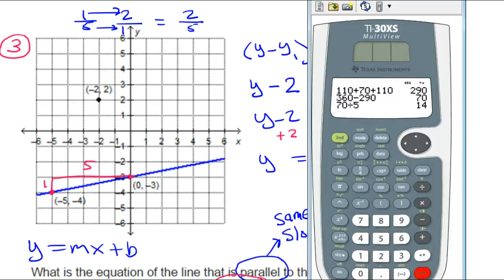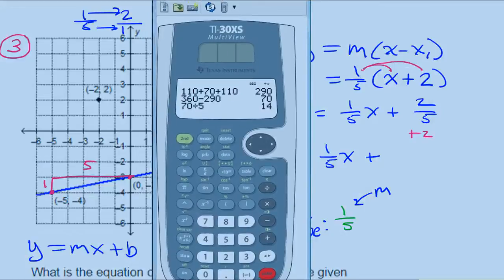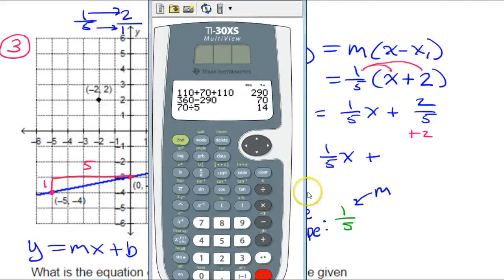I'm going to cheat and use my calculator to help me. Obviously I could do it by hand, but we all have a calculator, we're allowed to use it, so this is probably what most of you would want to do. So 2 plus 2/5, alright, that is 12/5.